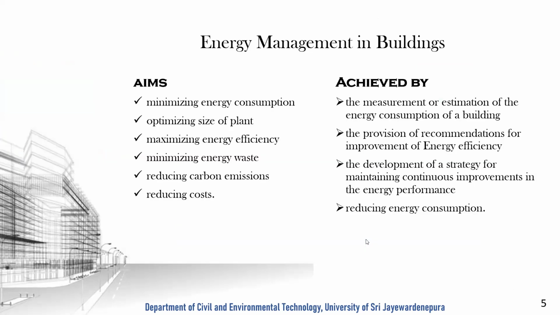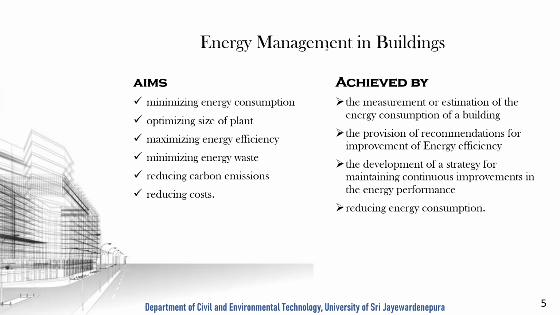Right. So now I would say this is the key summary of energy management in buildings. Why do we need energy management? I have asked this question in the exam as well. What are the aims to minimize energy consumption? First of all, optimizing the size of plant.